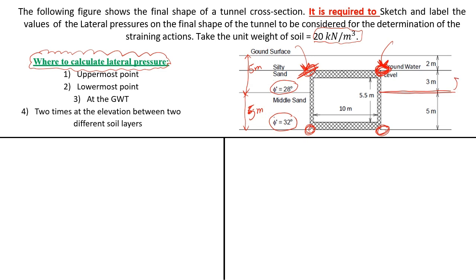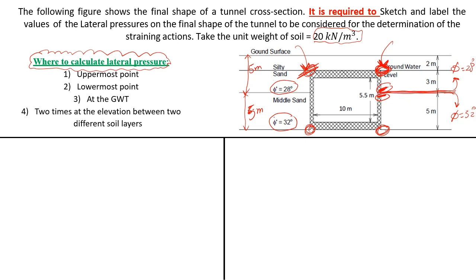You have an upper sand layer which has a phi of 28 degrees, and downwards you have another sand layer with a phi of 32 degrees. So you have to calculate 2 times, one just on the top of the elevation and one just below it.